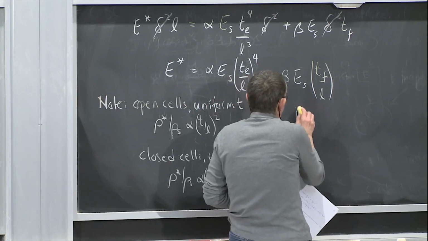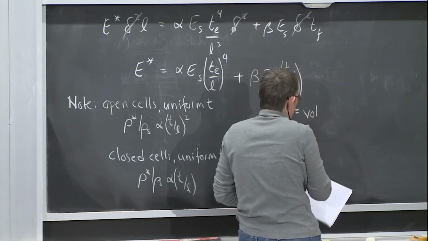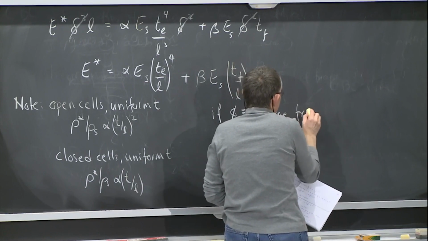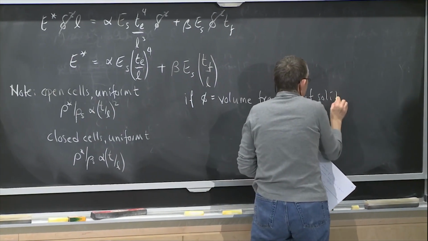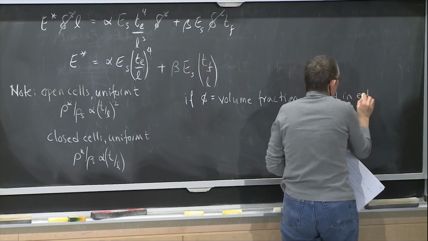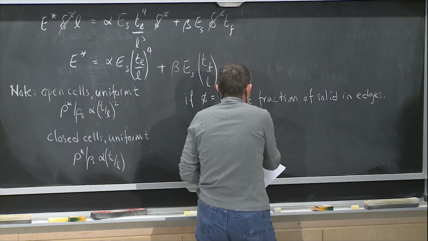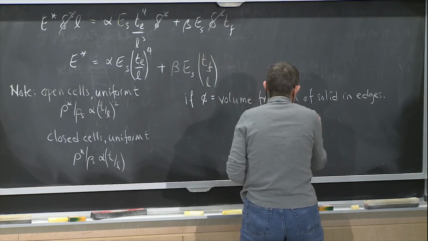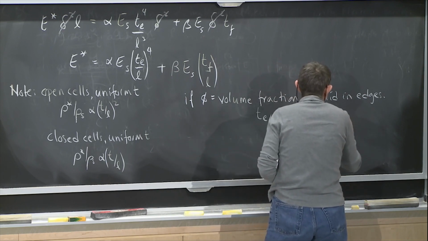And now I'm going to define one more thing. If I say that phi is equal to the volume fraction of the solid in the edges, then I can say T_E over L is some constant times phi to the 1/2 times the relative density to the 1/2.